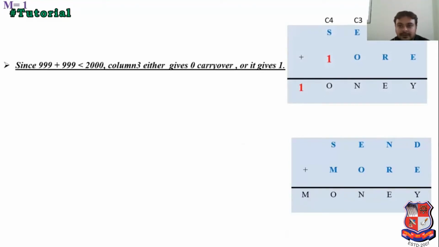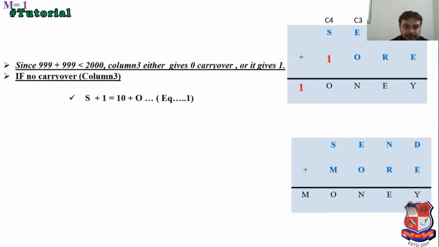For the next step, we consider column number 3. Here 999 plus 999 is less than 2000 for column number 3. So there are two possibilities: column number 3 generates a carry for column number 4, or it does not generate any carry for column number 4. First, we check the condition of no carry from column number 3.